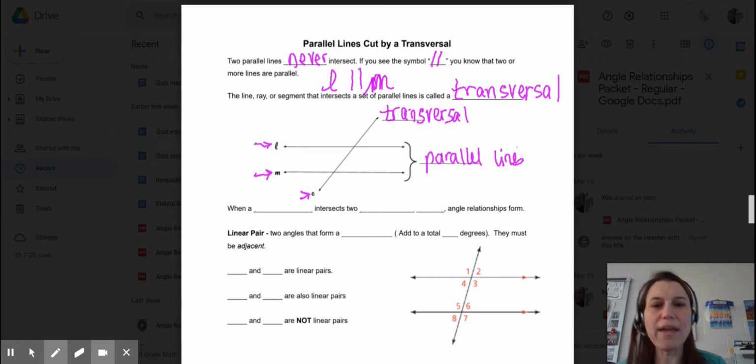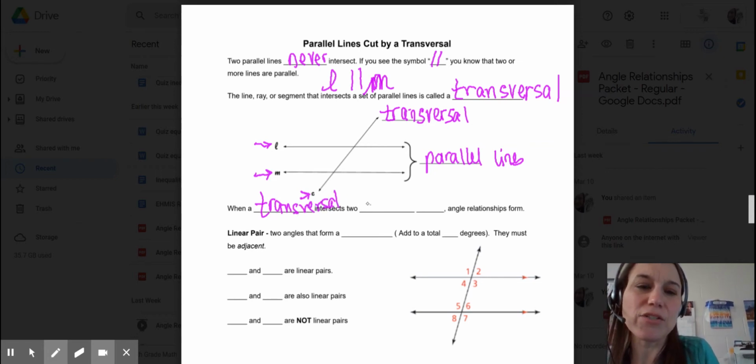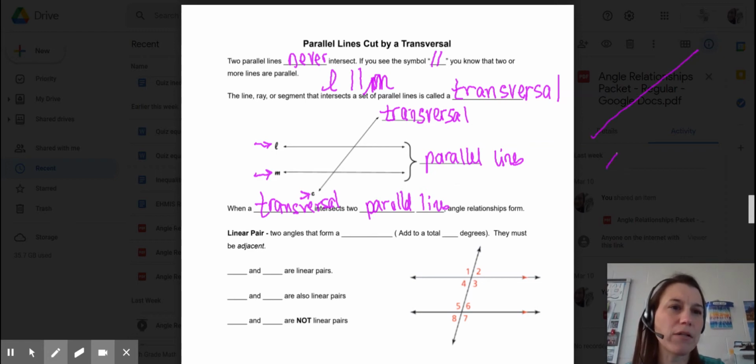So when a transversal intersects two parallel lines, angles are made. I'm just going to draw it over here. If I had a line like here and then a line that was parallel to it like this, there are no angles in these lines.